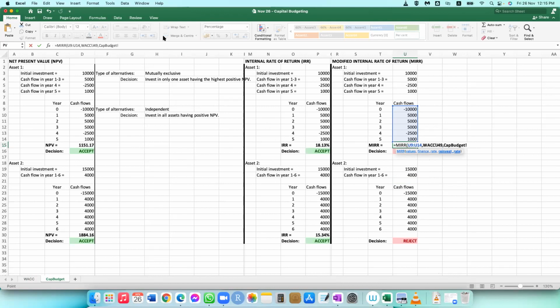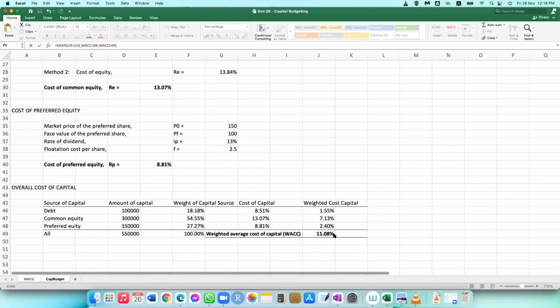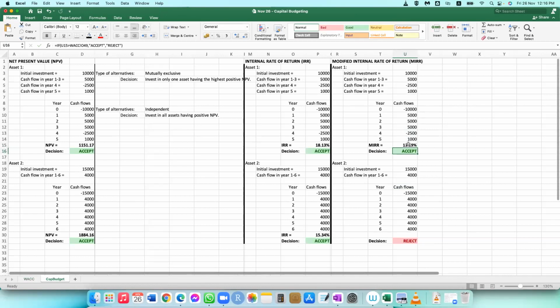It should be the weighted average cost of capital. So I'm going there again and choosing the same weighted average cost of capital. So 2 times, you need to take this one 2 times and enter. So now it is a correct version of the internal rate of return, 13.19%.